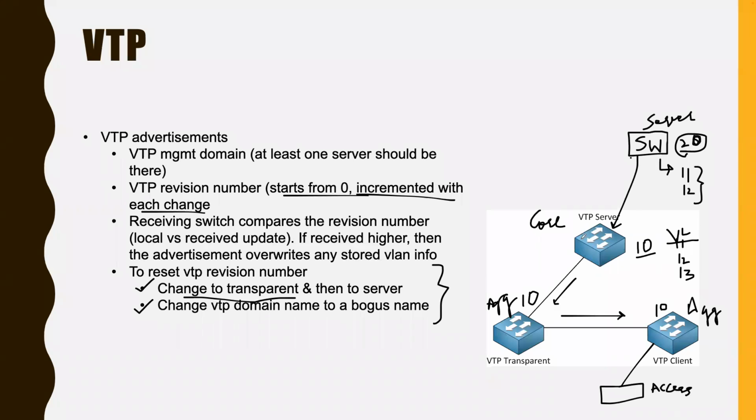So the existing switches will also delete VLAN 13 from their VLAN database. That can cause an issue: your hosts running in VLAN 13 will not be able to communicate. You have not deleted any VLAN manually, but since the revision number was higher, VLAN 13 gets deleted.